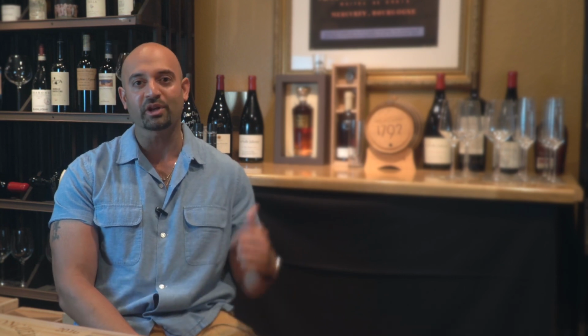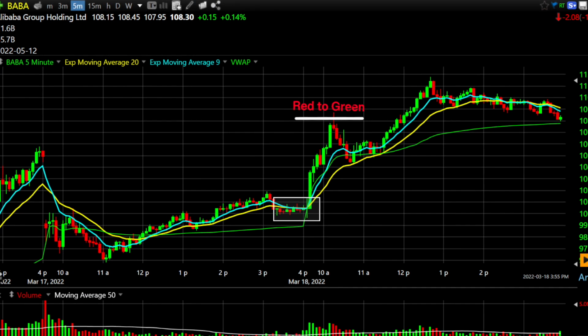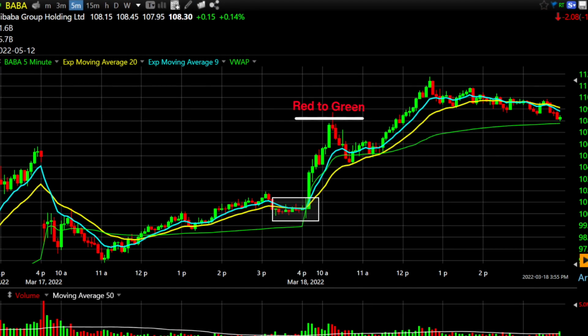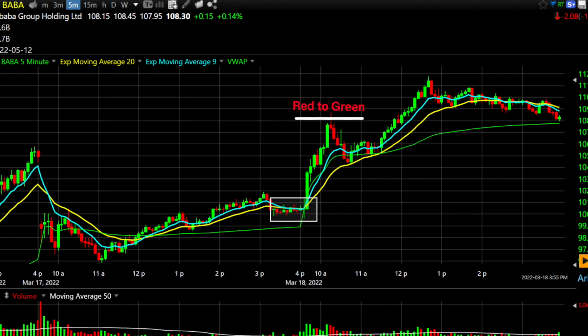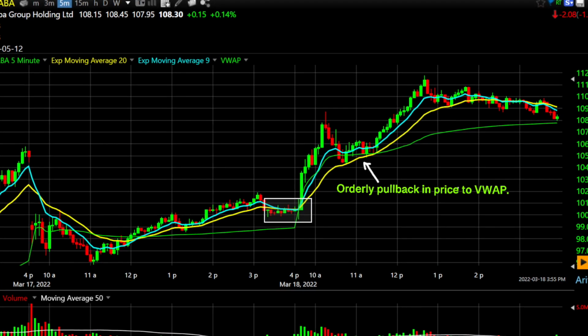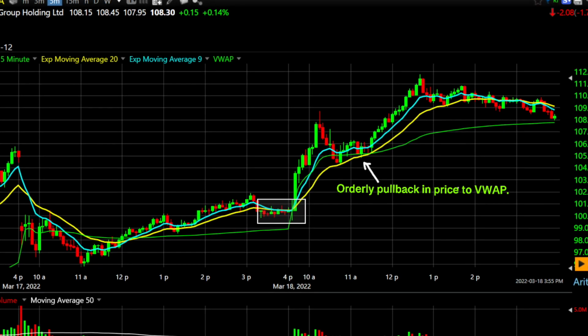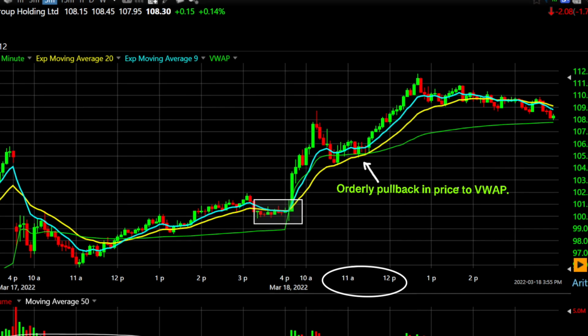If you look at the chart of BABA, this stock goes from red to green in the morning around $100 and makes a straight shot to 107. As this stock leaves the open, you can see it's got a really orderly pullback into the VWAP area as you start getting into the lunch period.